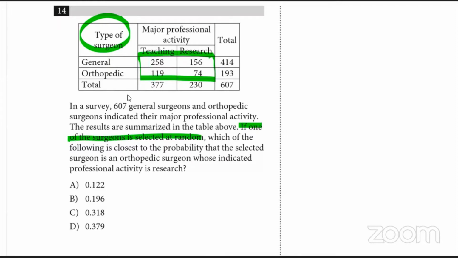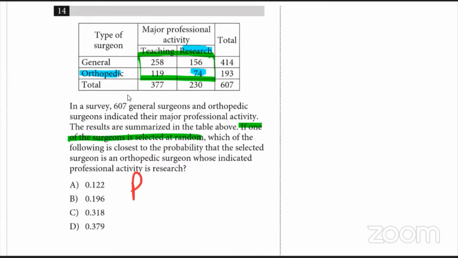Notice that I didn't highlight the totals because those numbers are included in the part that we have highlighted in green here. So if one of those surgeons is selected at random, what's the probability that that person is an orthopedic surgeon with an indicated professional activity that's research? So orthopedic, pick a different color for that. Orthopedic with research takes us to the number 74.